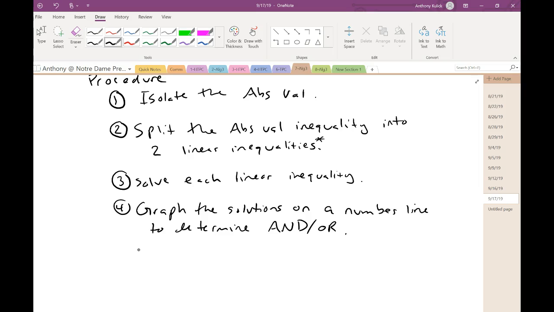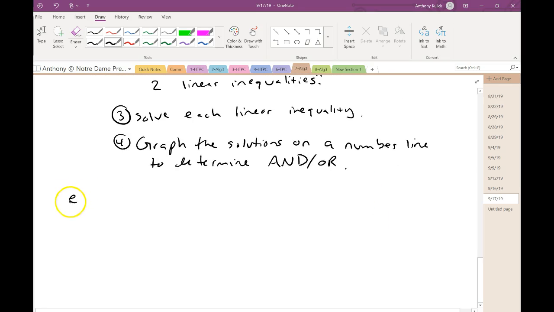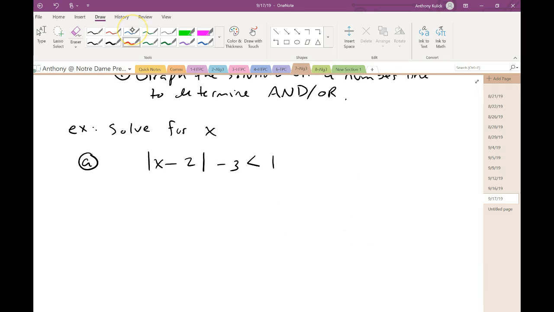Everybody so far so good? So let's say we have the absolute value of x minus 2, minus 3, is less than 1.